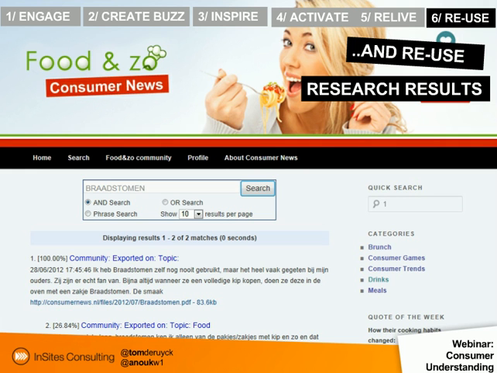And the advantage of such a platform is that we use it as a search engine of all the information that is related to the community research. And this way, previous discussions, maybe from last year or even the year before, are easily found. So that's a very important factor when you want research to be reused.